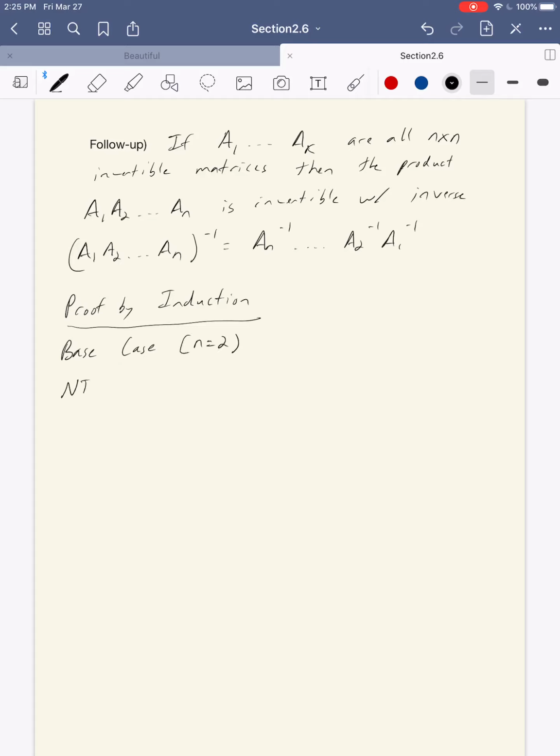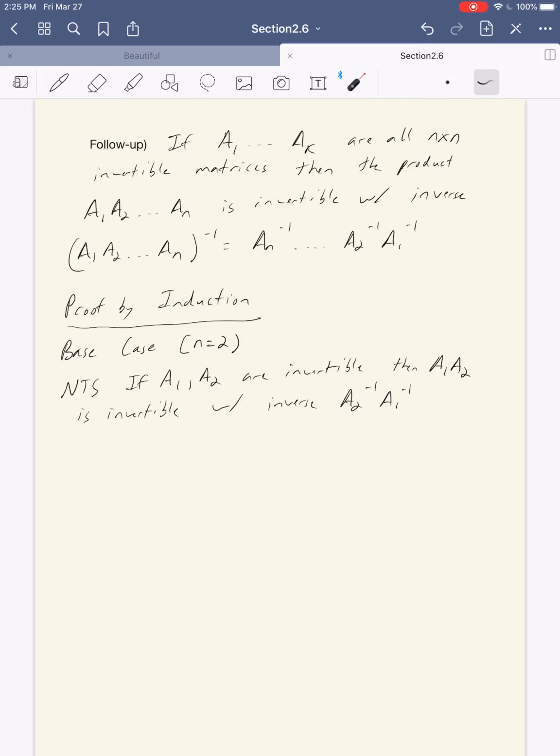What we would need to show is, if A1, A2 are invertible, then A1 times A2 is invertible with inverse A2 inverse A1 inverse.